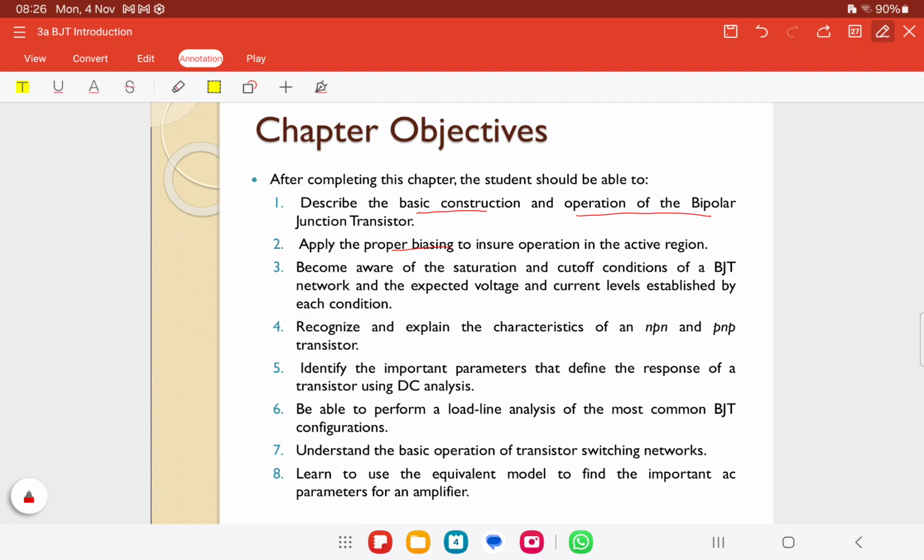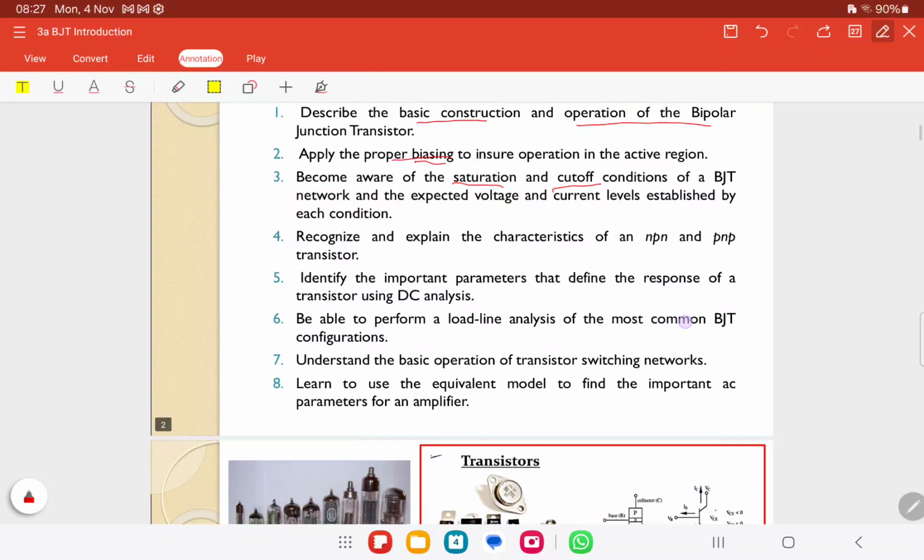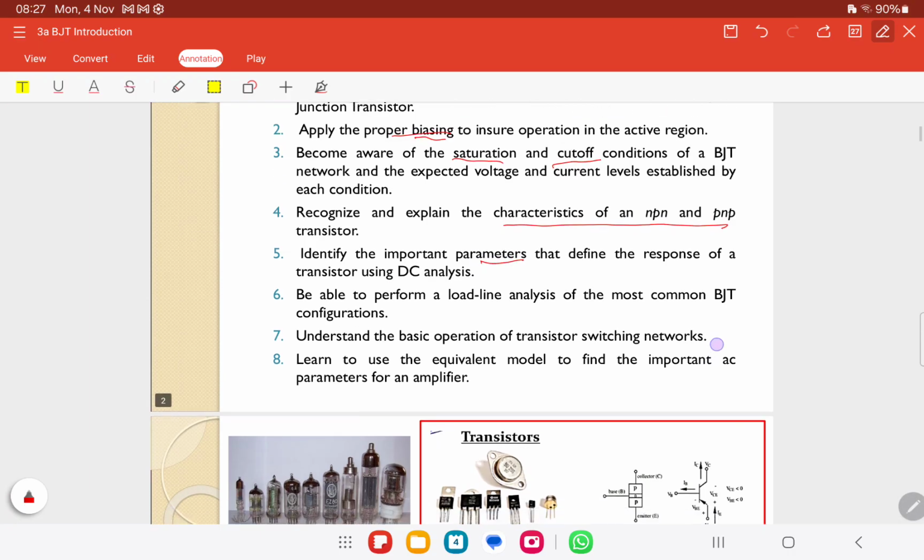Okay, in chapter 3 we also have on the biasing and configurations. Okay, we have the saturations and cut off conditions, and this one is characteristic of NPN and PNP. Okay, we will relate that one with the flow of the current. Okay, and important parameter nanti kita akan tengok.